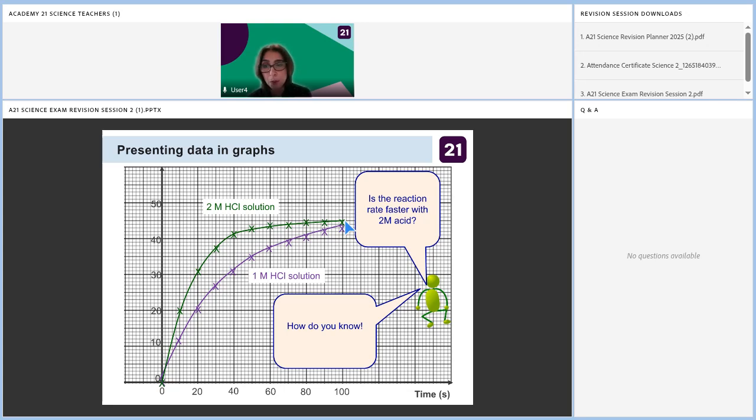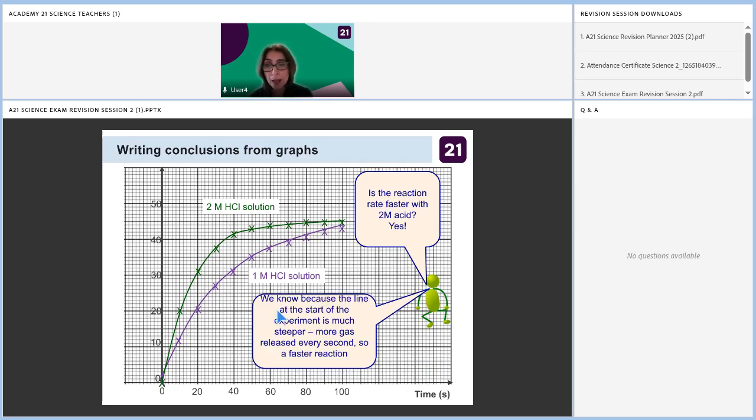It's faster for the 2 molar acid. How do we know? We know because the green line, the 2 molar line, is much steeper at the beginning. That's the initial rate of reaction. Much, much steeper at the very beginning of the reaction. Another word for that is the gradient is steeper.